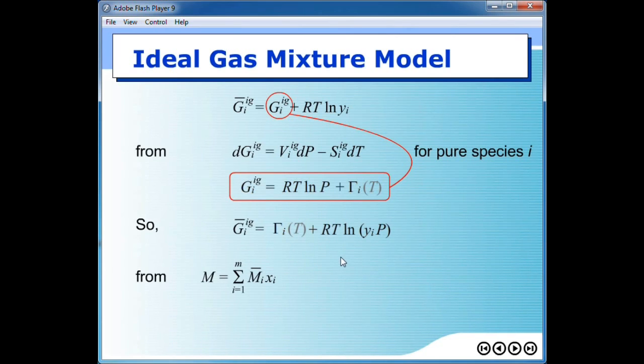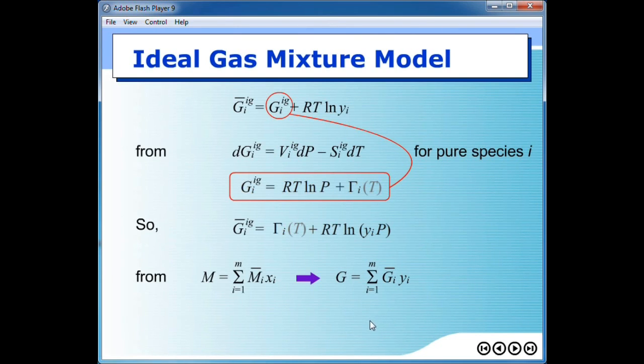Okay? Now, this is the summability relation. Properties of the mixture equal the summation of partial molar properties multiplied by mole fraction. If I write it down for free energy, I can get this equation. Notice that I change X to Y because right now our mixture is an ideal gas.